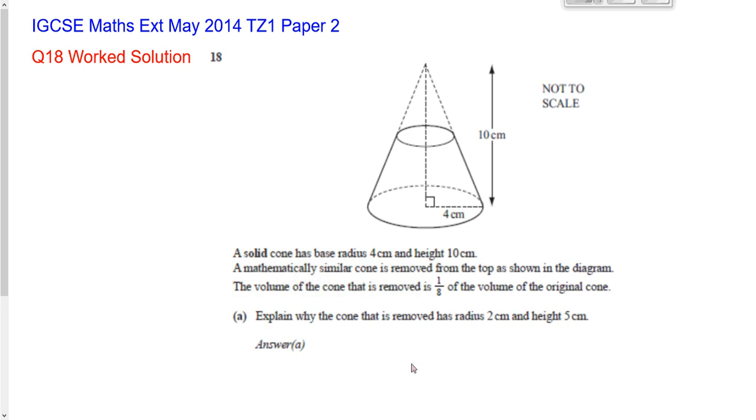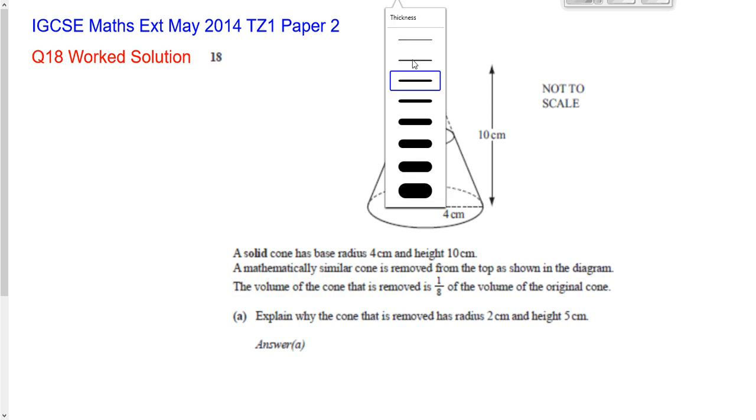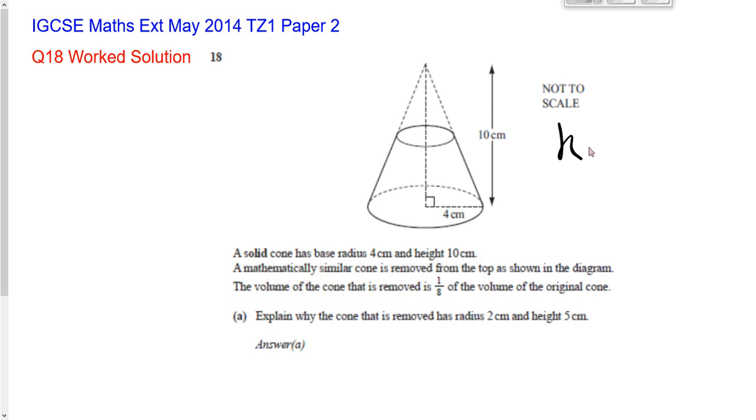Explain why the cone that is removed has a radius of 2 centimeters and a height of 5 centimeters. Okay, so this is where we need to talk about scale factor. Generally in mathematics, we use K to represent scale factor.